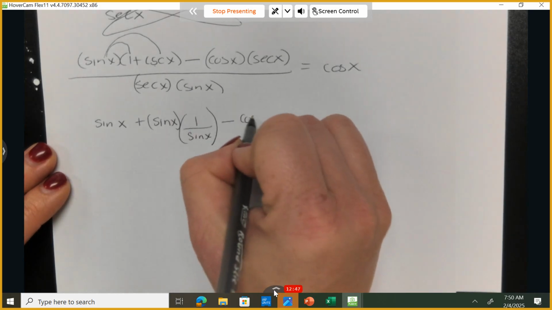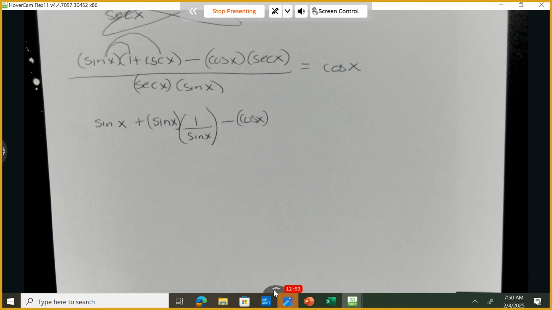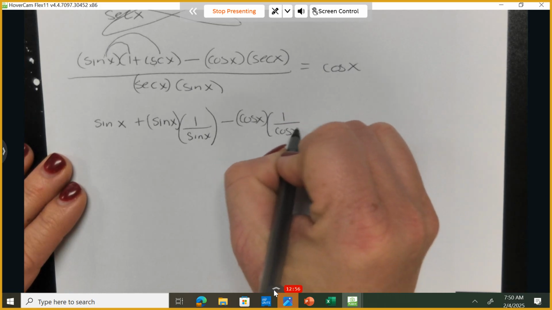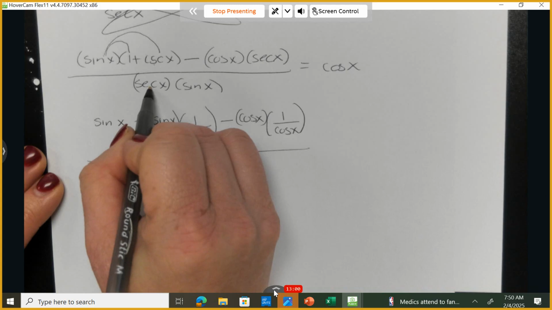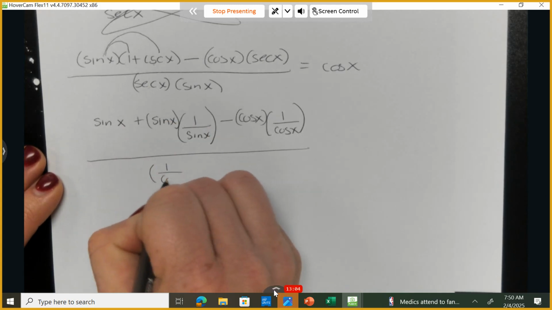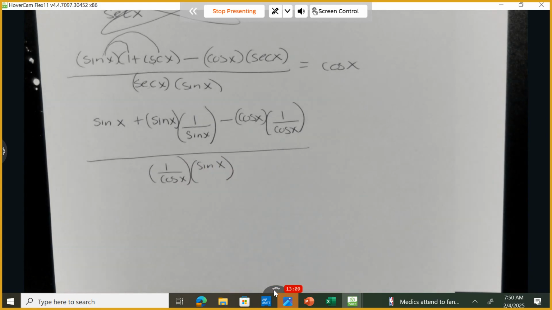I'm going to take the cosine of x times the secant. But what is the secant equivalent to? You can look on the board if you've forgotten. It's equivalent to 1 over the cosine. On the bottom, I'm going to rewrite secant as 1 over cosine of x times the sine of x.